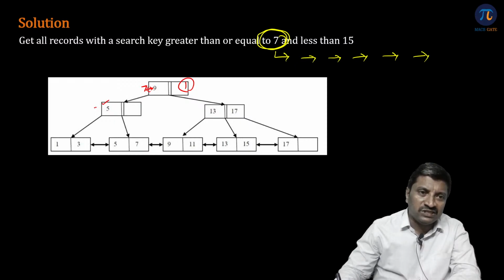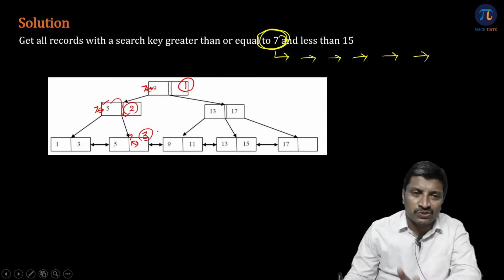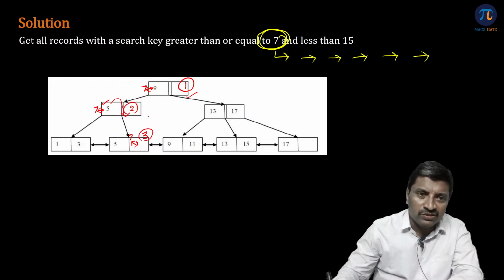I compare 7 with 5. So this node I need to bring. Then I move to the right side. I come here. I compare 7 with 7. This I need to bring. So by this time I need to bring 3 nodes. So this is the first node, this is the second node, this is the third node.